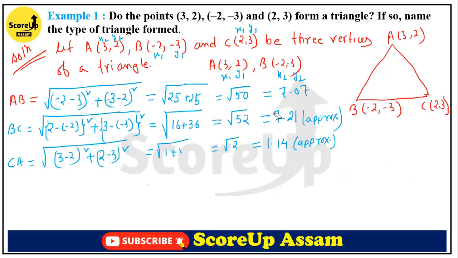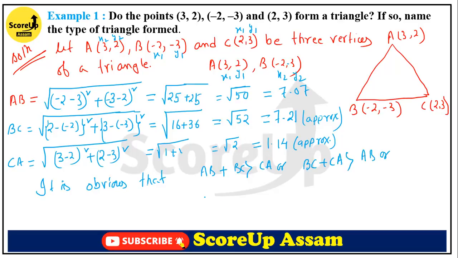If we add any two sides, of course it will be greater than the third side, right? It is obvious that AB plus BC is greater than CA, or BC plus CA is greater than AB, or AB plus CA is greater than BC.